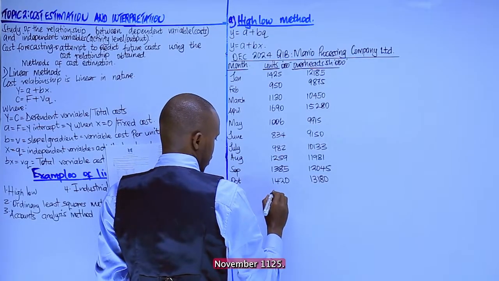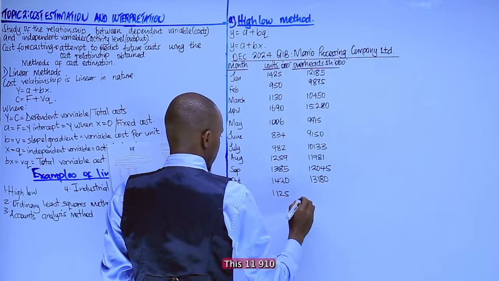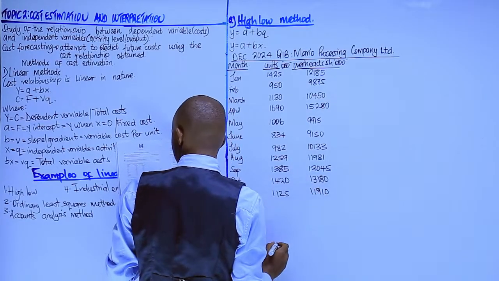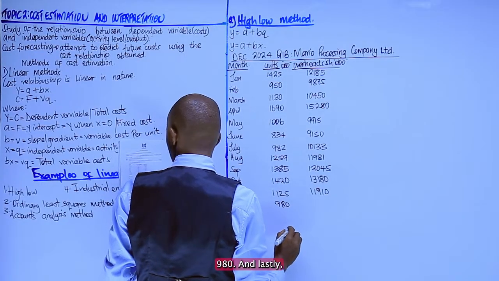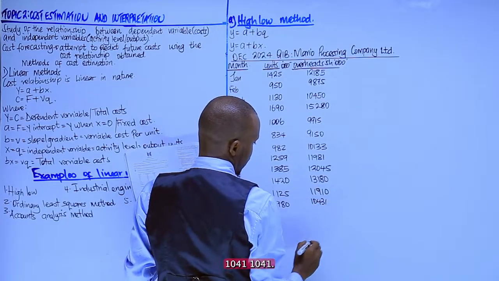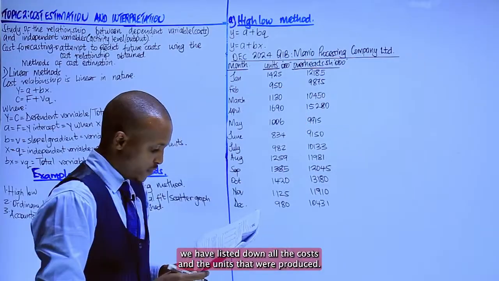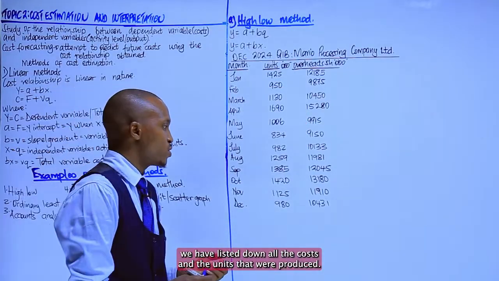November 1125. This 11,910, 980, and lastly 10,431. We have listed down all the costs and the units that were produced.